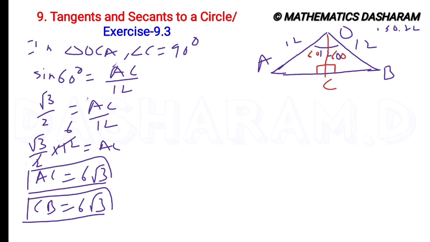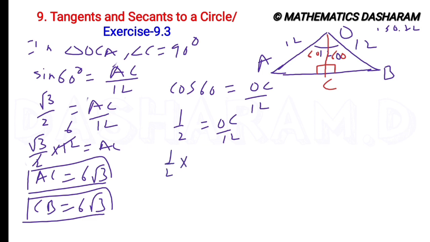To find this height, the 60 degrees adjacent side and the hypotenuse means cos 60 degrees. It is equal to OC divided by 12. Cos 60 degrees is 1 by 2, equals OC by 12. 1 by 2 into 12 equals OC. So OC equals 6 centimeters.